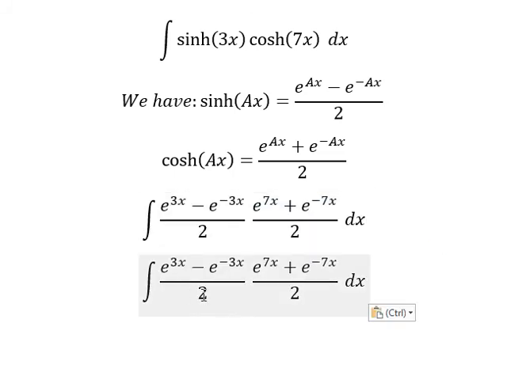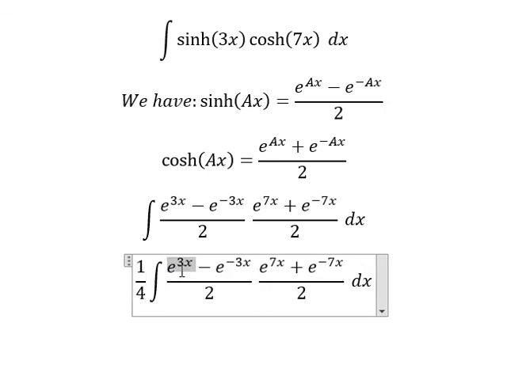Now, number 2 and number 2, we have 1 over 4. This one multiplied by this one, multiplied by this one, and this one multiplied by this one and this one. So we have like this.